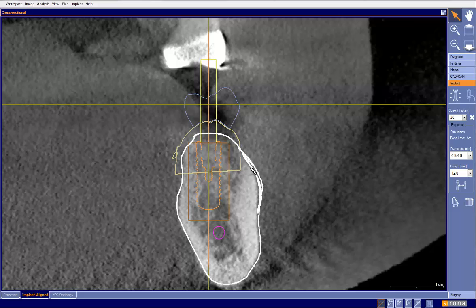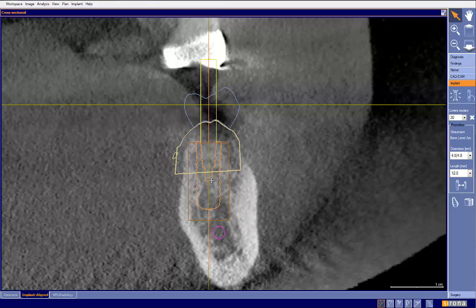So in looking at this, we have a tremendous amount of space mesiodistally here, but our implant is quite a bit closer to the lingual. We can say that our cortical plate is maybe right here. I just don't like how much space we have right here on the buccal compared to how little space we have here on the lingual.